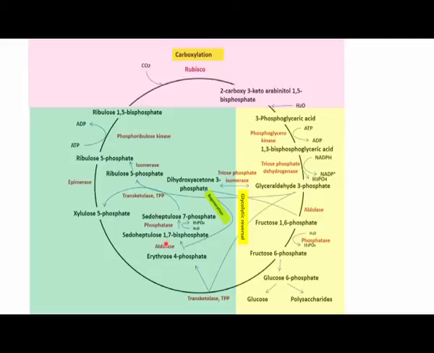So, in this process, the fructose 6 phosphate, which is being formed here, and the glyceraldehyde 3 phosphate, which is formed here, come together and combine with each other to form one molecule of erythrose 4 phosphate and one molecule of xylulose 5 phosphate.